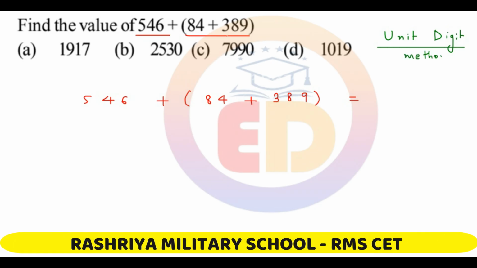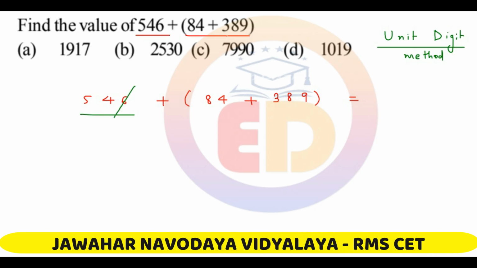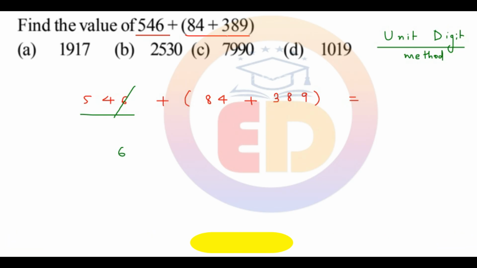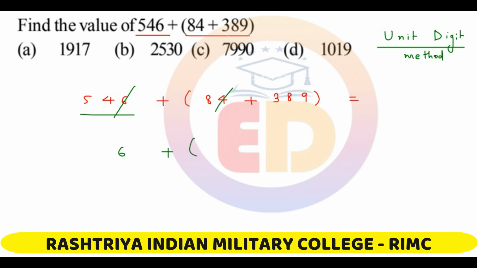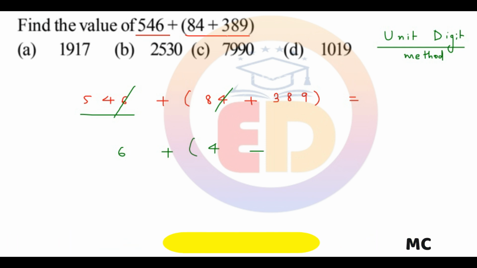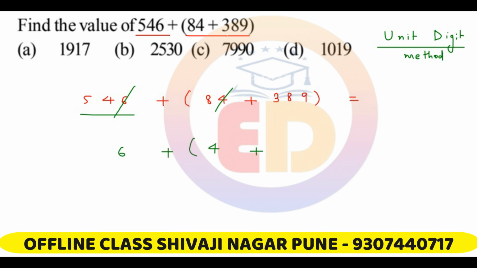In the unit digit method, I will take the unit digit of 546, which is 6, plus I will take the unit digit of 84, which is 4, plus I will take the unit digit of 389, which is 9.